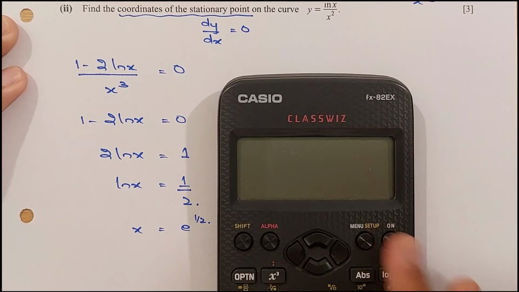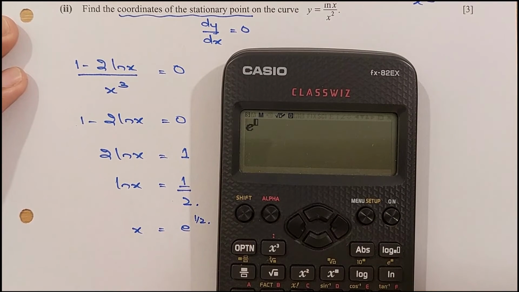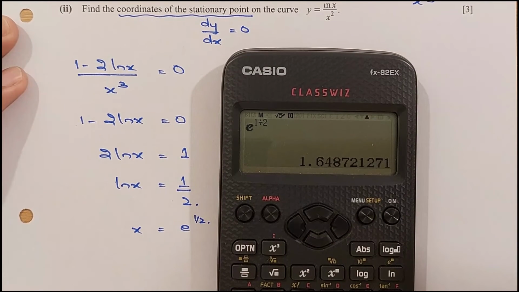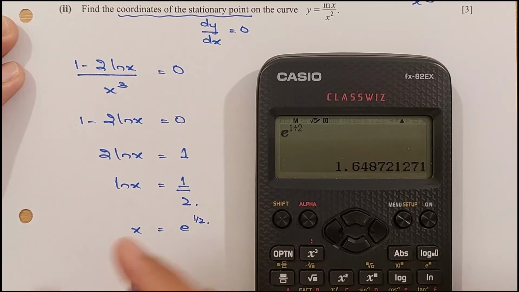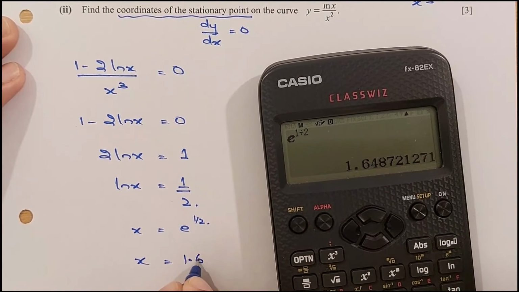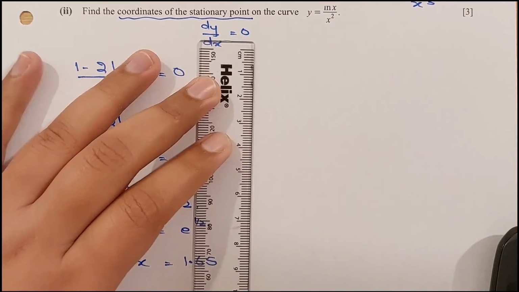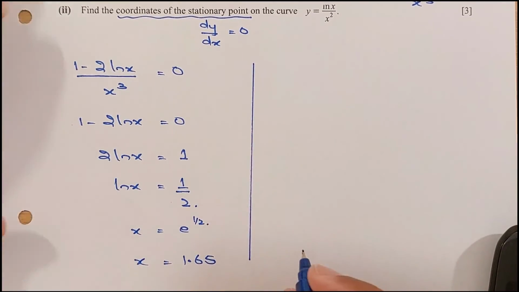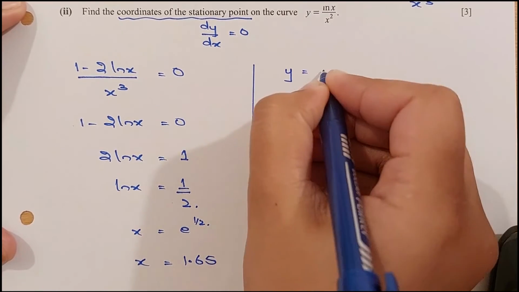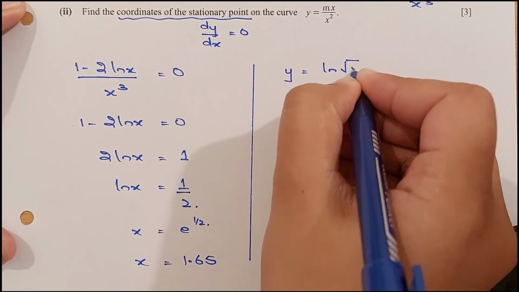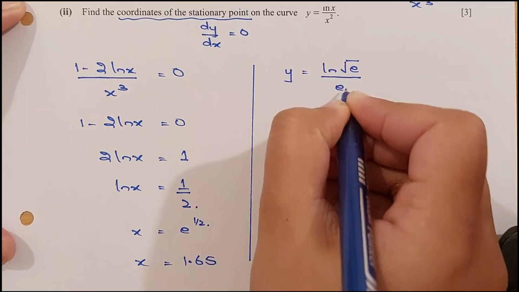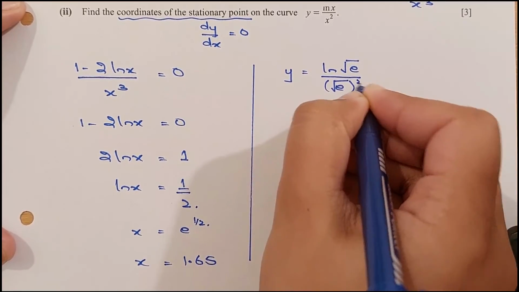So let me find the x coordinate. e power 1 divided by 2 is 1.648, so 1.65. Right, now let me solve for the y coordinate by substituting into the curve. y equals ln of square root of e divided by the square root of e, whole squared, right?